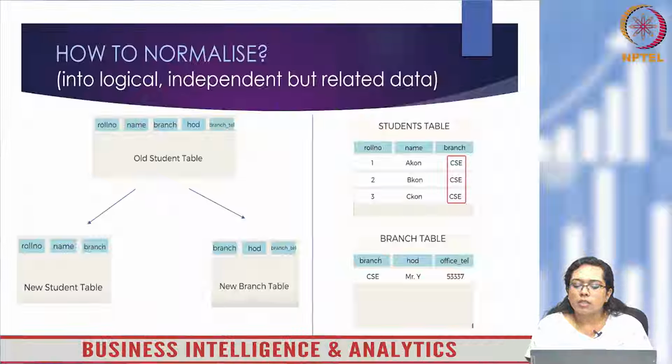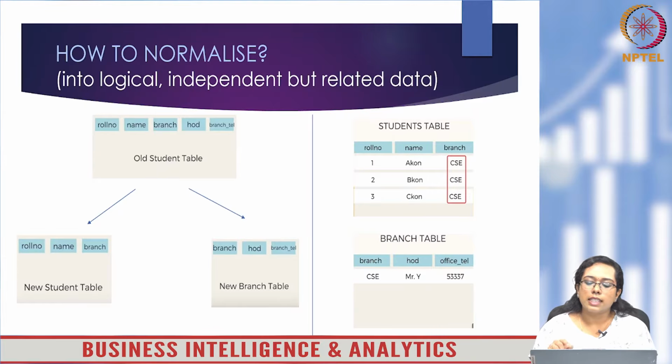The first table is the students table, with roll number, name and branch. Say Akan is from CSE. CSE will be the primary key in the branch table. Whenever we want to get the branch details of Akan, we will just query using CSE as the foreign key, so that it will fetch all the details from the branch table.